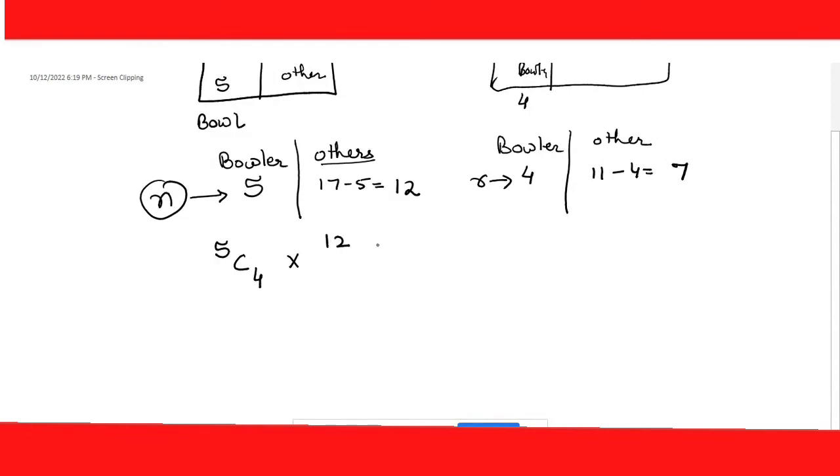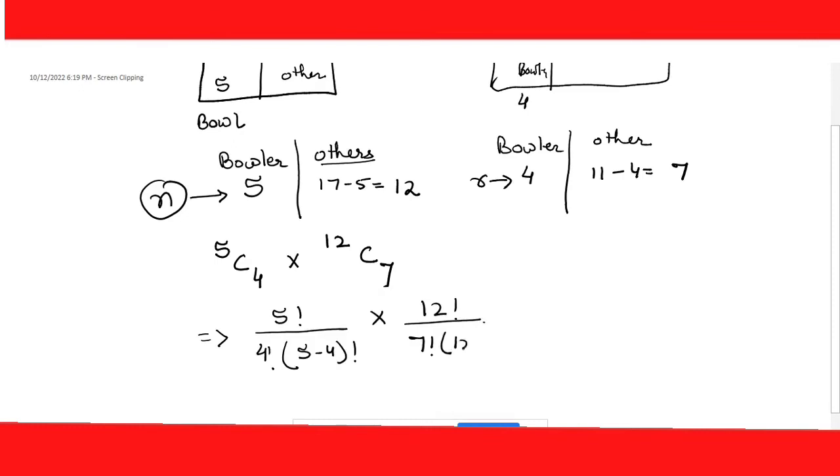In 12 other players, we have to choose 7. Now solve. Study the question, think practically, and then solve.